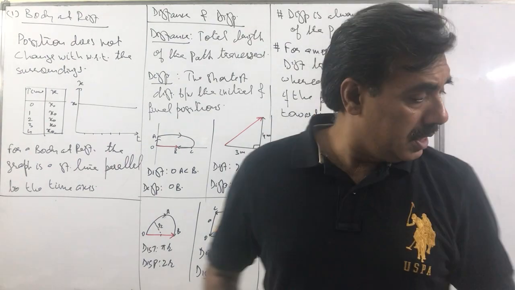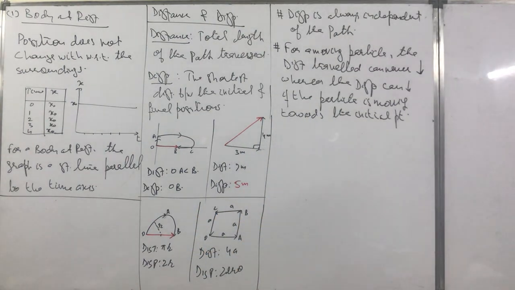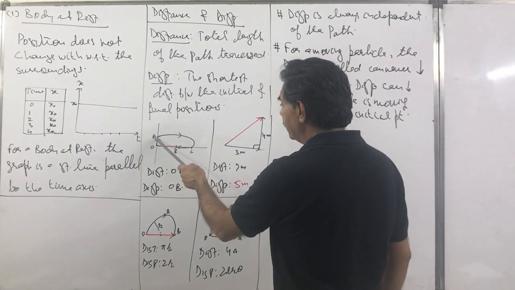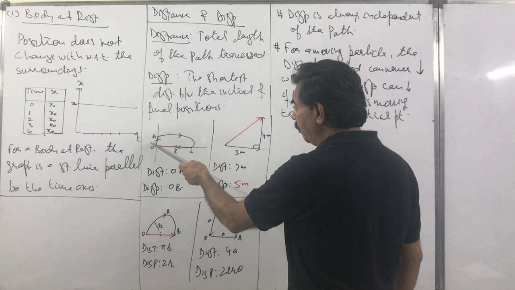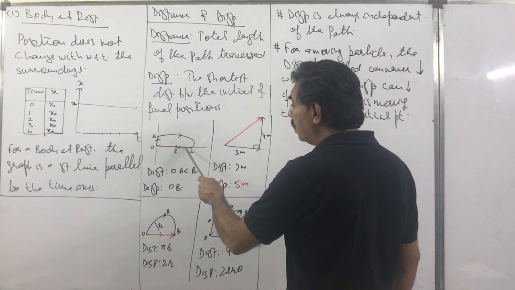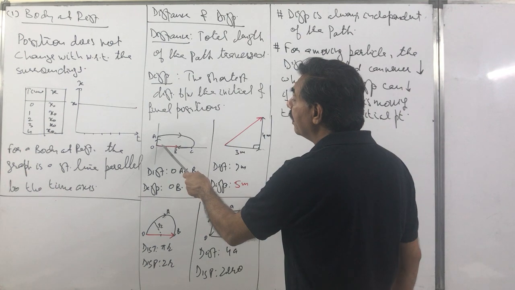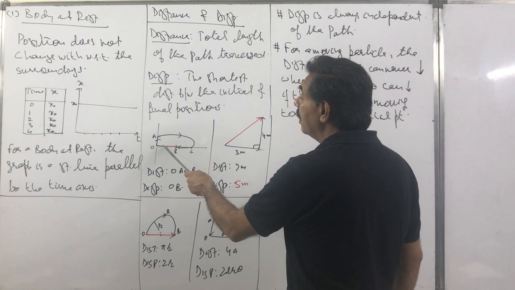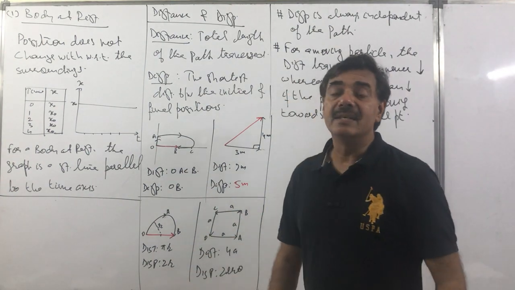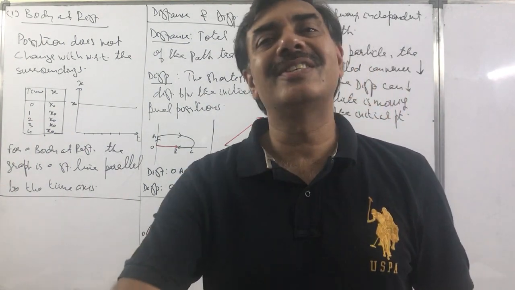Let me say in this case, if the particle moves from O to A to C to B and still moves further, the displacement is going to decrease, but the distance traveled is still increasing.